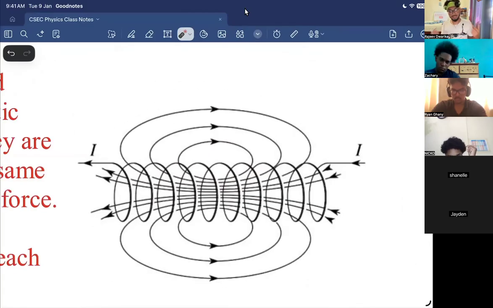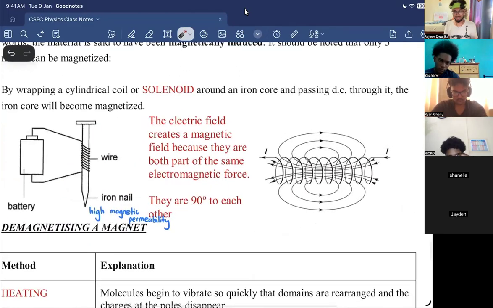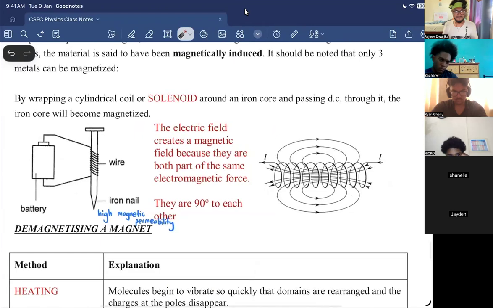And as the magnetic field increases, then the magnetic strength would also increase. Do you guys comprehend? Is there anything here that confuses you? Ryan, is there anything that confuses you? No, sir.